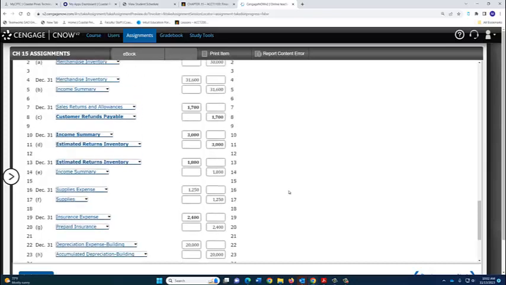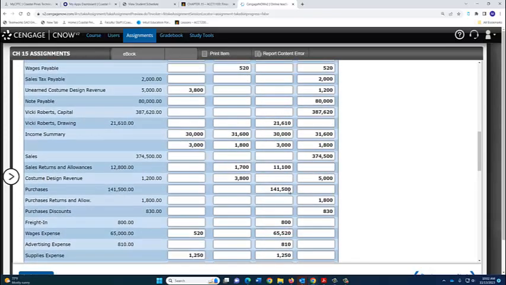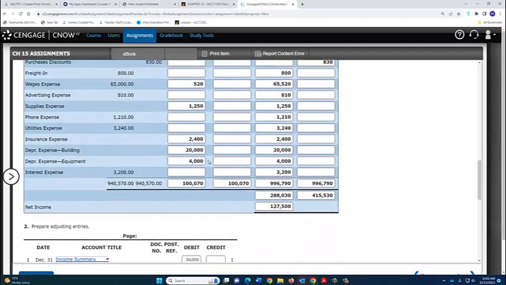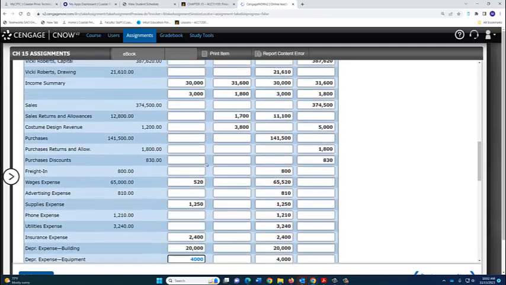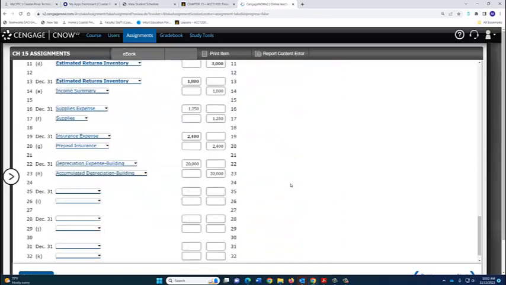Entry I was for the adjustment for depreciation for the equipment. So depreciation expense equipment, we debited for $4,000, and then we credited accumulated depreciation equipment for $4,000.